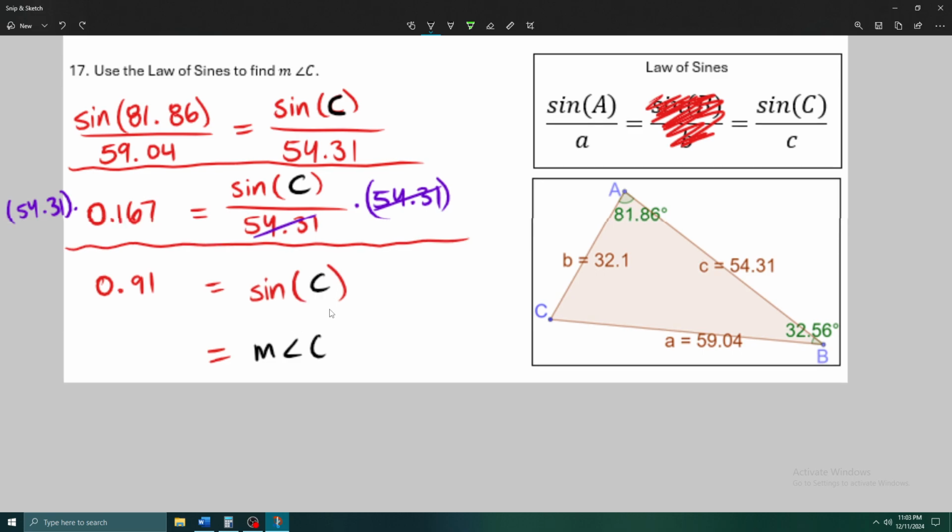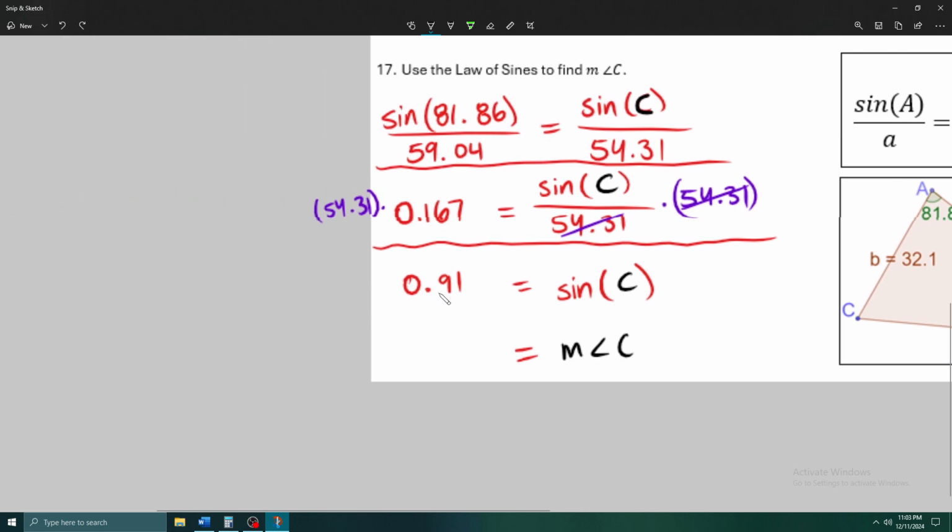So again, a little bit of syntax liberty on my part. But I know that I can get the measure of angle C by simply taking the inverse sine of whatever we have here, which is still waiting for us on our calculator.